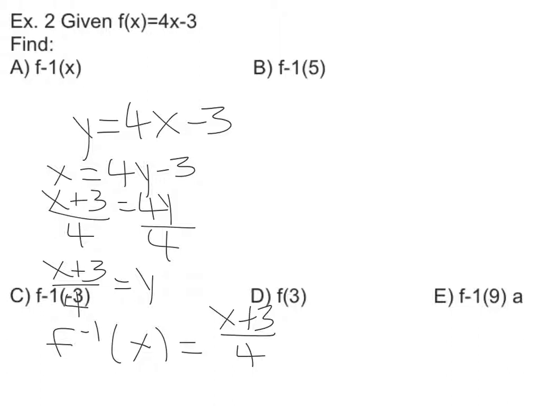For this next example, we have to find the inverse of the equation when x is equal to 5. So we start by writing out our inverse equation that we found in the last example. So f^-1(x) = (x + 3) / 4. And then we just substitute the x with a 5.